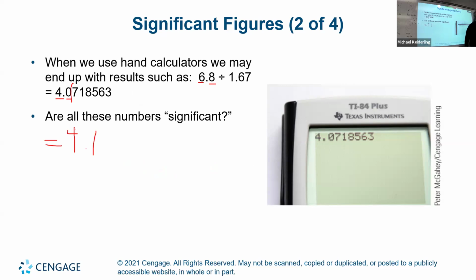Again, we're limited by our least precise input, which is 6.8. So we need to round this to 4.1. We round to 4.1 because we have 2 digits. We look at the next digit, it's 5 or greater, so we round up to 4.1, because this number is closer to 4.1 than to 4.0. That's all you're doing when you round.